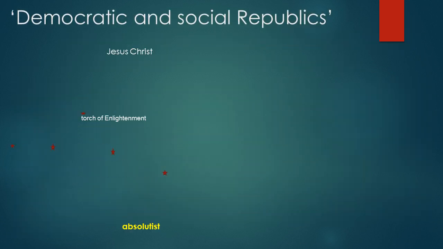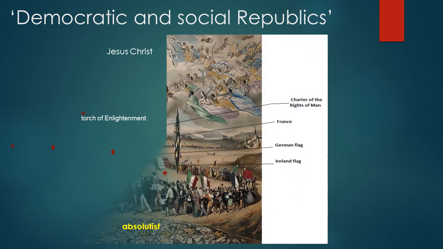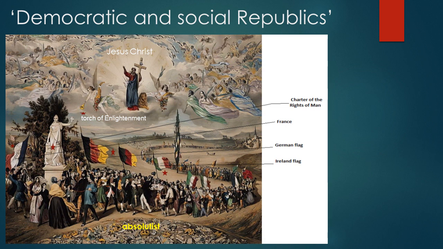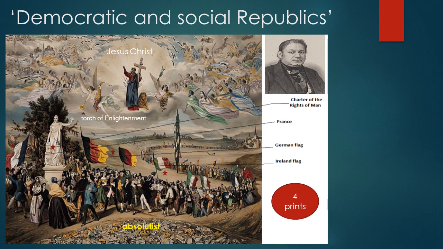In 1848, Frederic Sorrieu, a French artist, prepared a series of 4 prints visualizing his dream of a world made up of democratic and social republics.